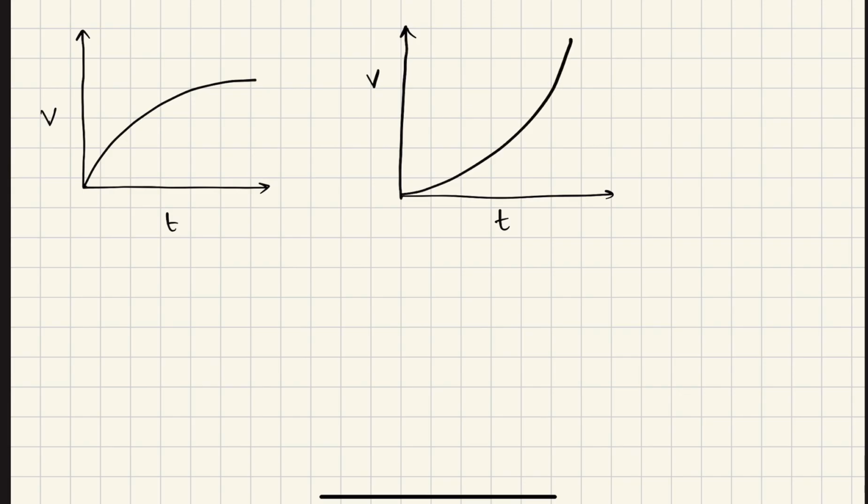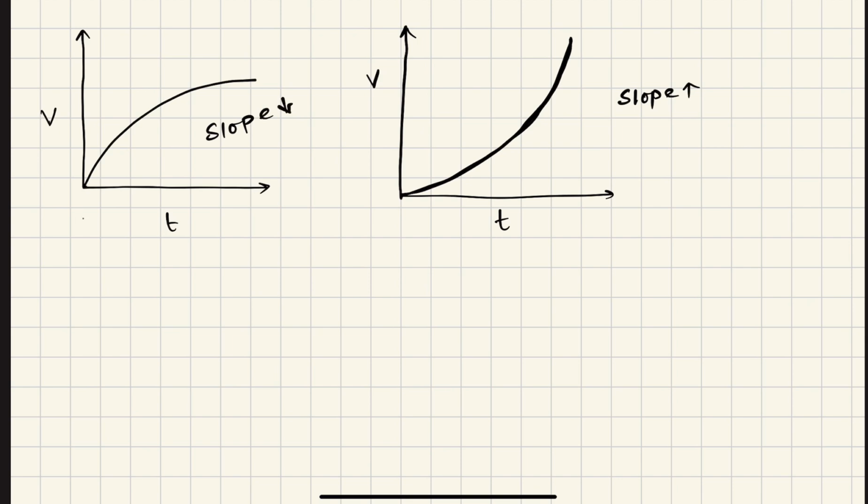This one. Okay. So we need to find out this. What kind of graph is this? Definitely, if you see here, the slope is increasing. Here the slope is decreasing.